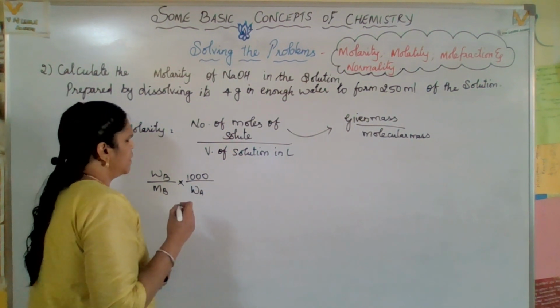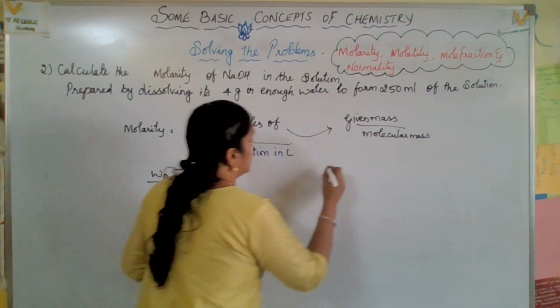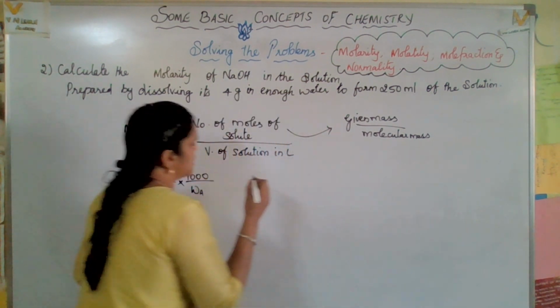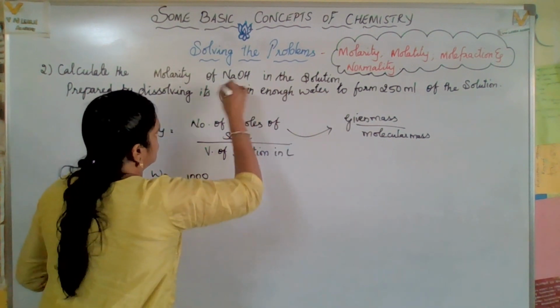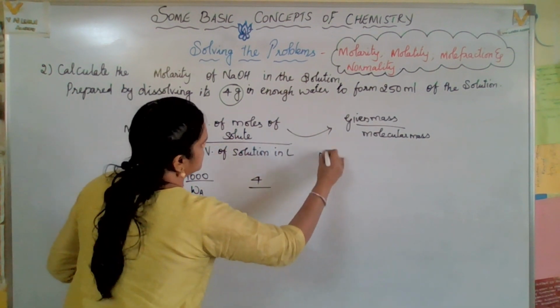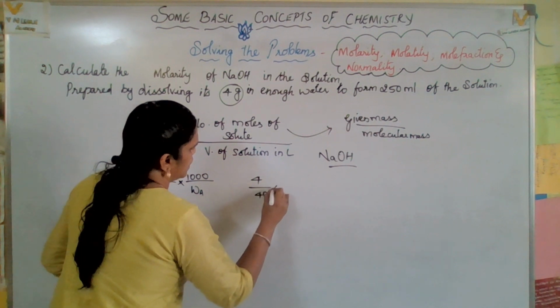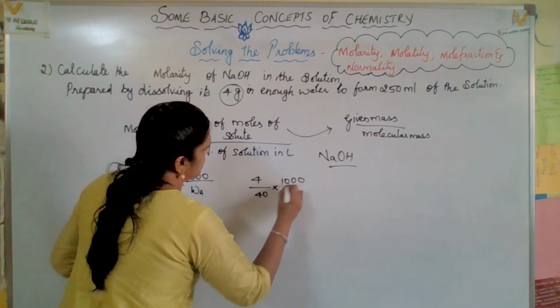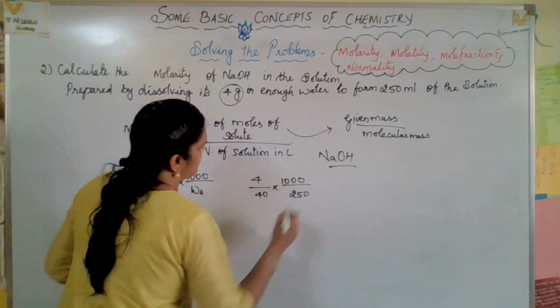Here WB is the given mass, 4 grams, divided by the molecular mass of sodium hydroxide, 40, into 1000 divided by WA, 250 ml.